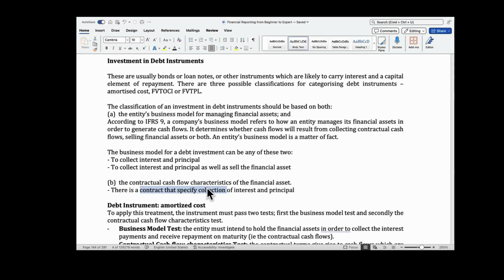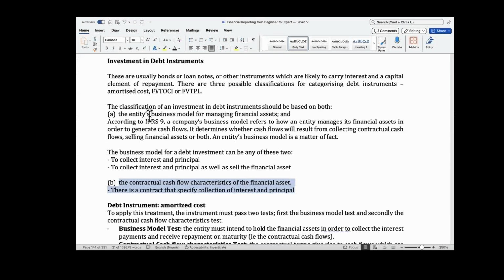So you will not find ICAN, when they want to test your knowledge on how to classify in a scenario, basing it on this other part of the basis, because it's a constant, something that is always there. Before you even buy the debt itself, there is a contract. So it's a given. ICAN will not really test you around that.